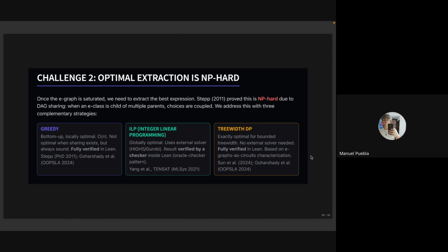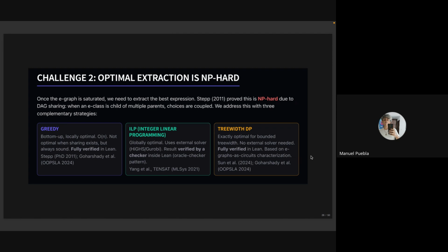Greedy extraction has a long history. It works sometimes for us, some other times it doesn't work, but we considered it. We also have an integer linear programming perspective to this, and this is globally optimal. But we're using an external solver, and the results of the solver we verified.